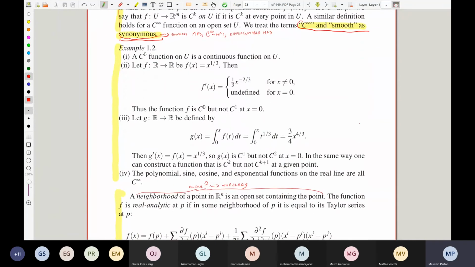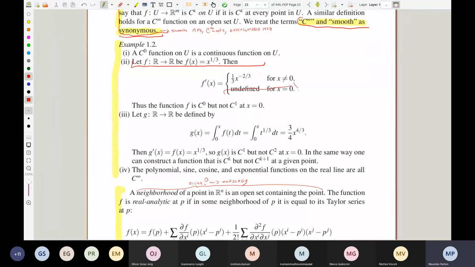Well, examples. For instance, this function, is it smooth? No, because there is no derivative in 0. This is just calculus 1, if you try to compute the derivative. Here there are other examples. Here there is a function which is C1.